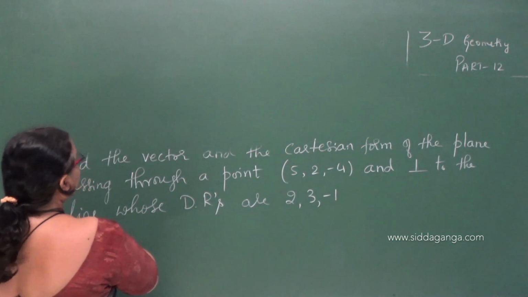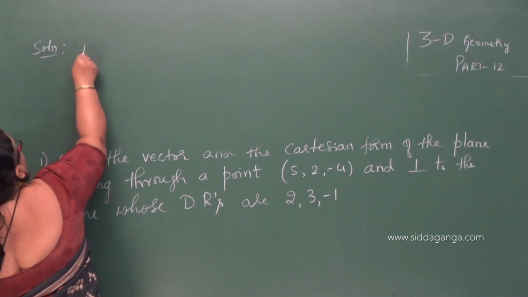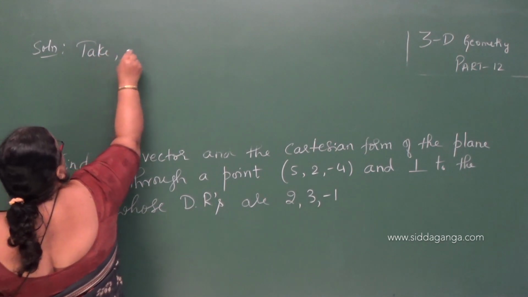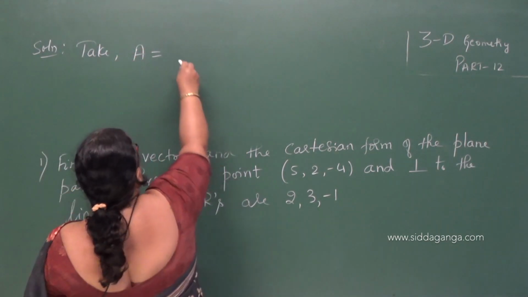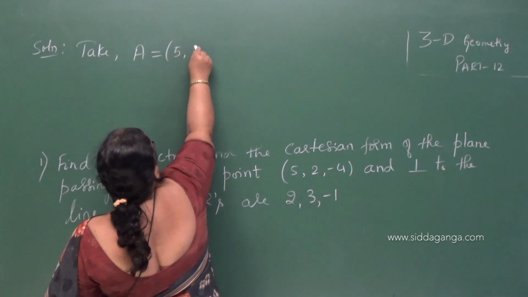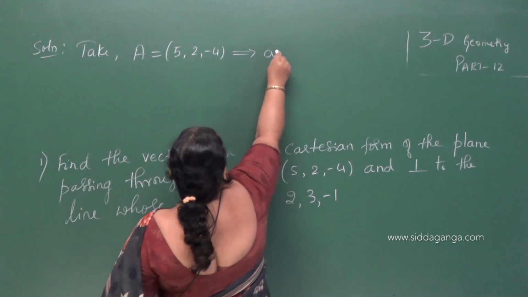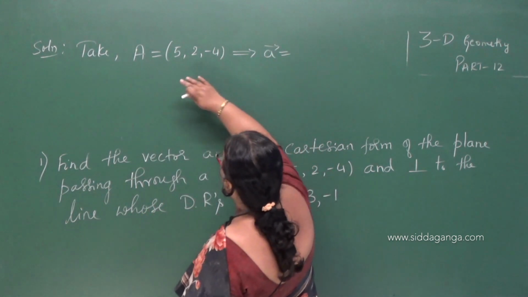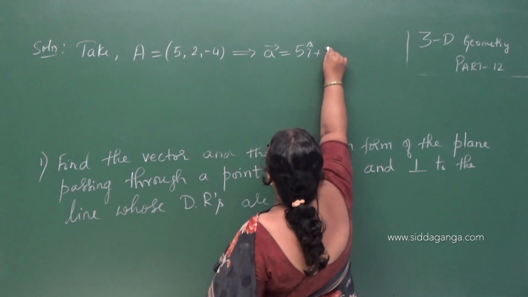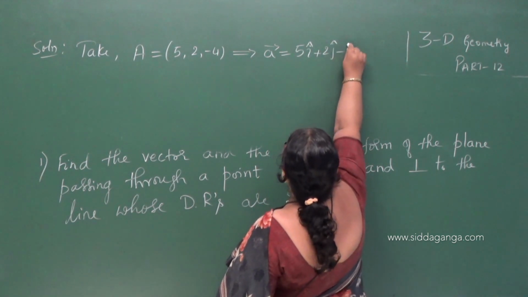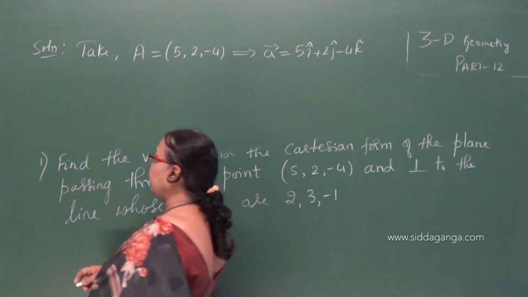Solution. Take the given point as A(5, 2, -4), which implies the vector OA is 5 I cap plus 2 J cap minus 4 K cap.